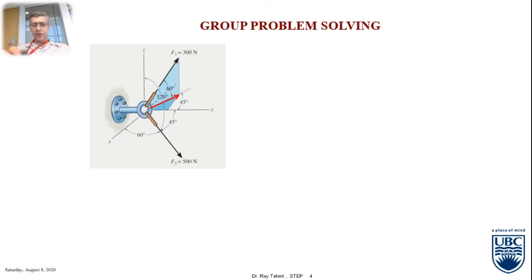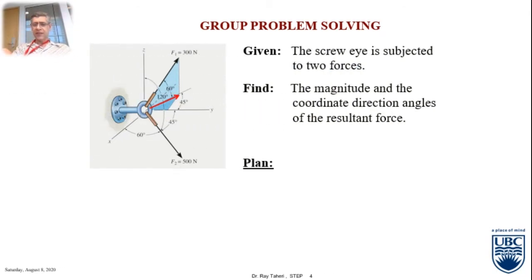Let's have another question. Again, pretty much the same. Now, in this case, the question said that this is a screw eye object with two forces, F1 and F2. So these forces are acting, and it's given the required information.